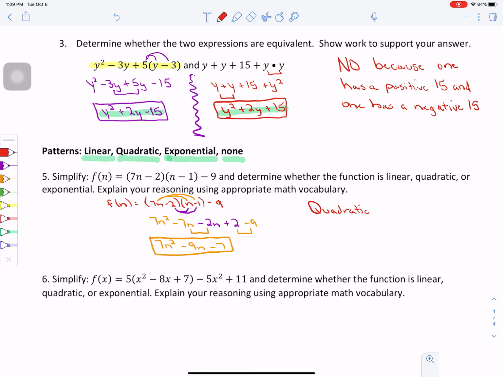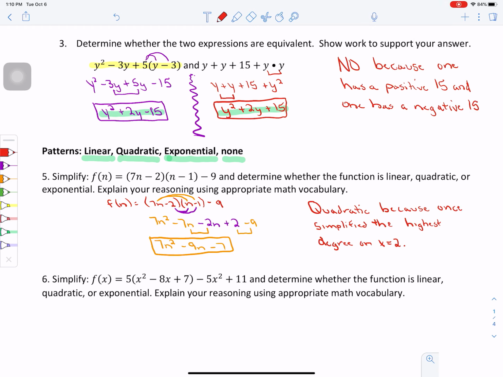Because once simplified, the highest degree on x is 2. So that's a quadratic expression.